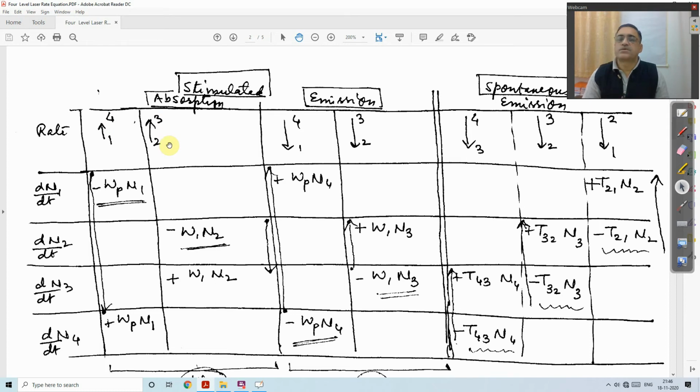Here in stimulated transition, the two-way process cannot be avoided, it is always there, and it cannot be undone. 1 to 4, then that 4 to 3 is spontaneous. It is not under the action of a radiation. So 3 to 2, then 2 to 1 is also a fast one.